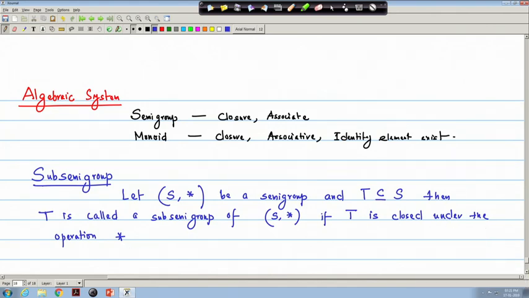So, as the name is subsemigroup, we are only taking one subset of S, and the only condition is that this subset must be closed under the operation star.